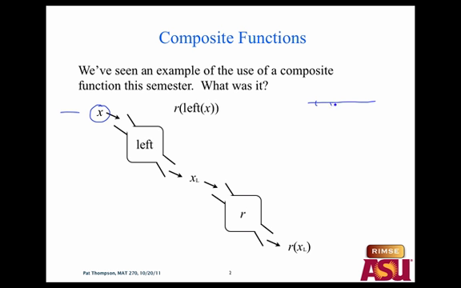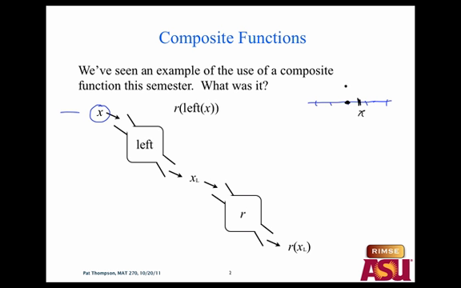We've got intervals like this, delta x intervals, right? So we come along here and we pause x. We say x is right there. So left x, plugging x into left x, outputs this value right here. And then we take that output of left x and put it into the rate.